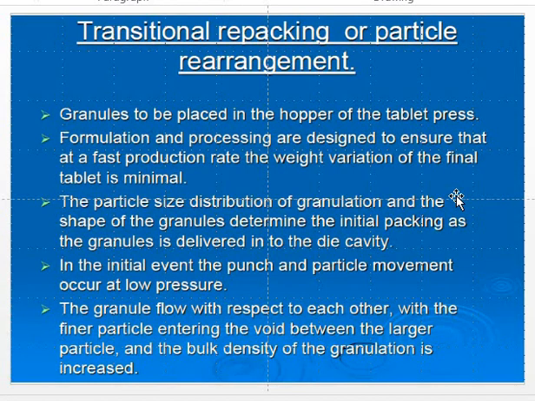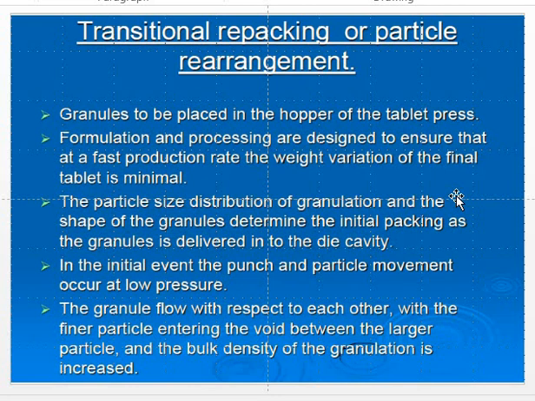Now what kind of changes occur in the initial or first stage? Initially, transitional repacking or particle rearrangement will take place. Generally granules are placed inside the hopper of the tablet press, and formulation processes are designed to ensure a fast production rate and minimal weight variation of the final tablet.